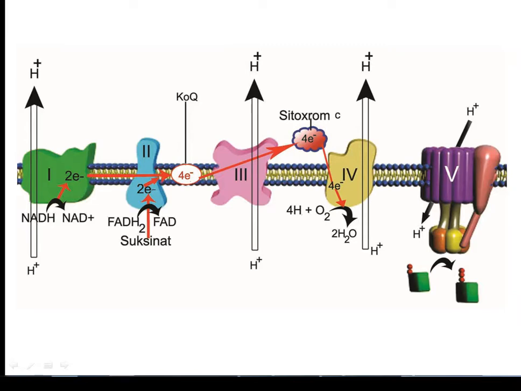As the protons pass down this electrochemical gradient, the energy differential in the proton motive force is transformed into the stable, high energy bond of ATP by the formation of ATP from ADP and phosphate.